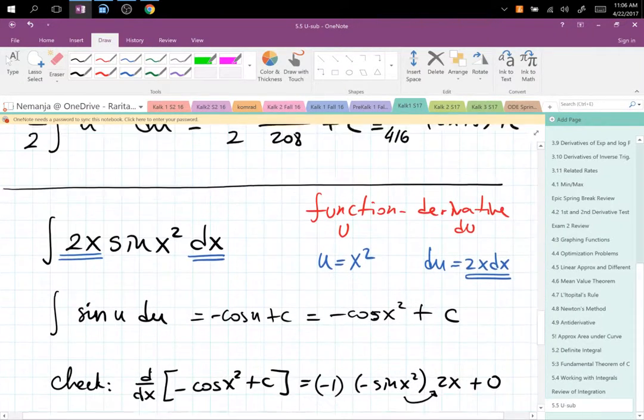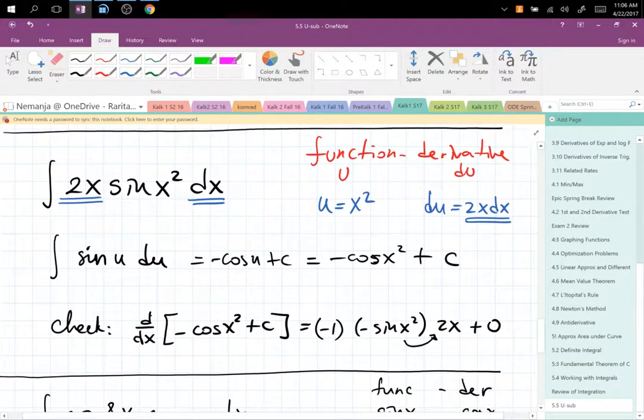But then we move into spicier problems, which involve multiplication of functions. And it is here where you use this function-derivative idea to figure out what the appropriate u would be. Because as you can see, you can put u to be 2x, you can put u to be x squared, you can put u to be sine of x squared.